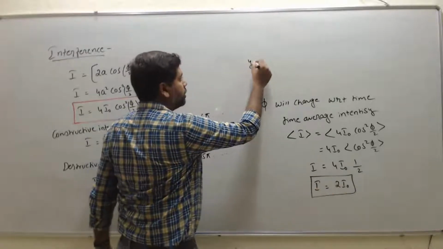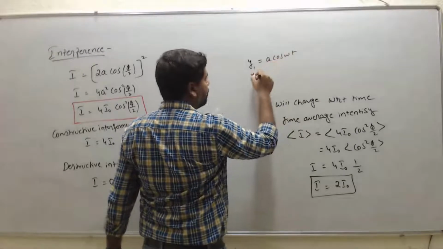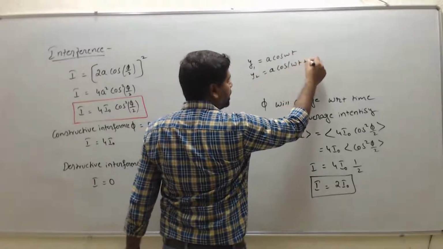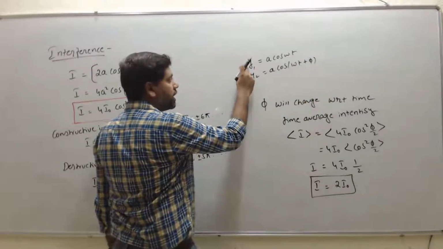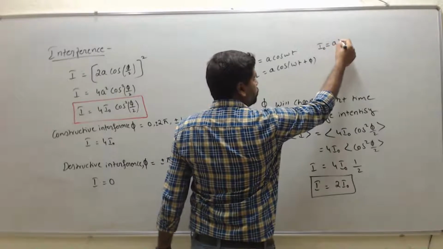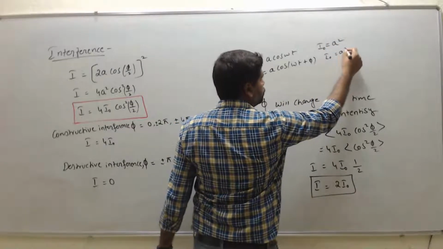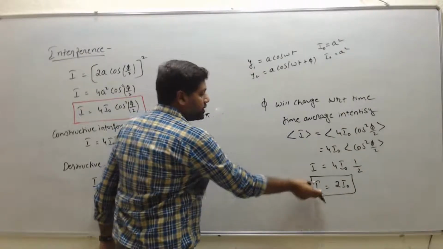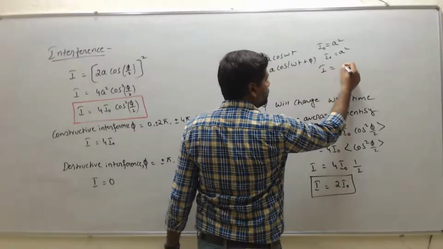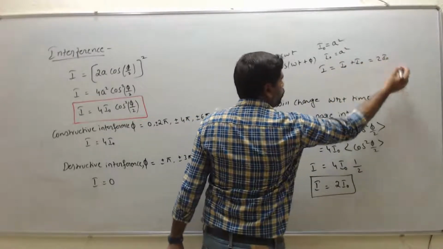So if we write y1 equals a cos omega t and y2 equals a cos of omega t plus phi, then the intensity for y1 is I naught equals a square, and for y2, I naught equals a square. The resultant intensity is I equals I naught plus I naught, that is 2 I naught.